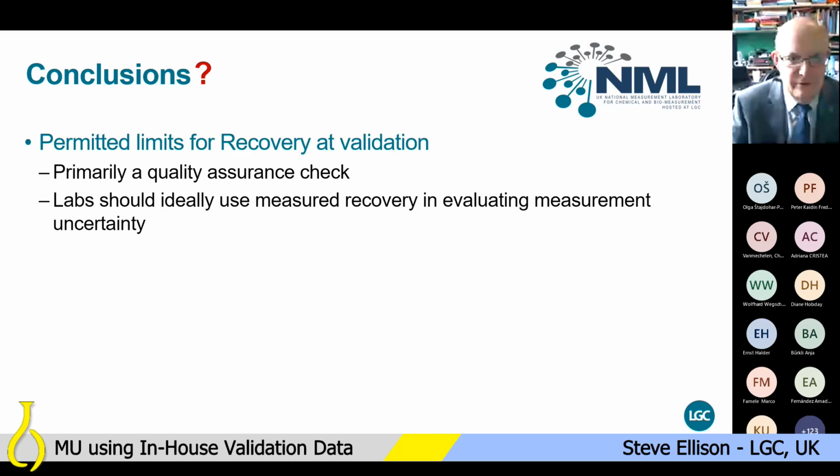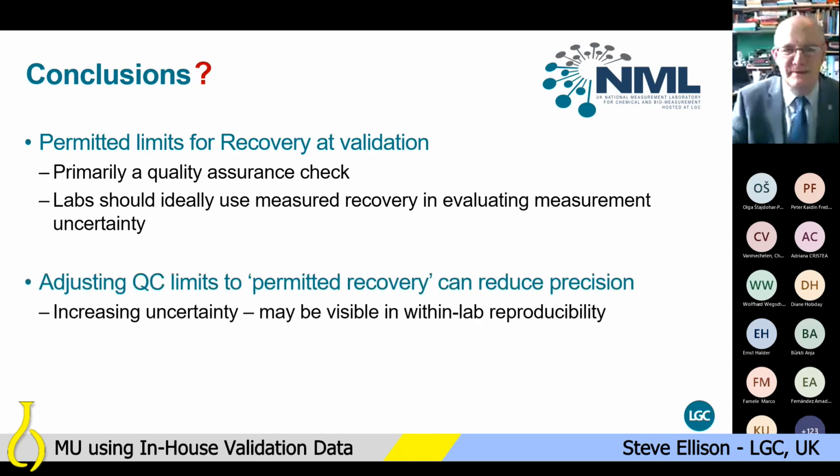But because the laboratories have got information on recovery, it seems quite sensible to use their measured recovery in evaluating measurement uncertainty. The permitted limits then don't have any particular influence on that. So we don't need to use the permitted range for uncertainty. And I'm pleased to say that that coincides with what the earlier poll said.